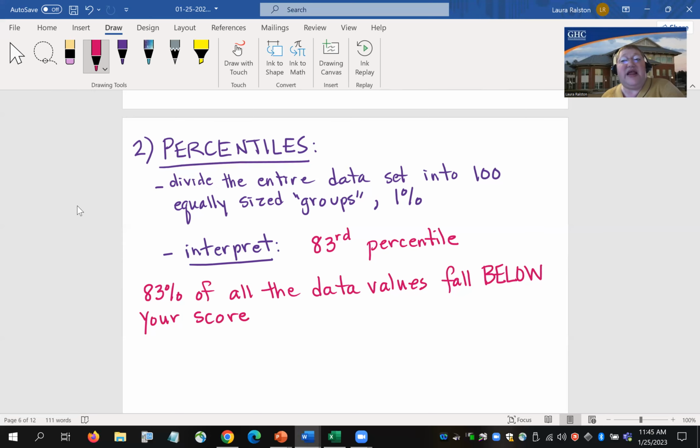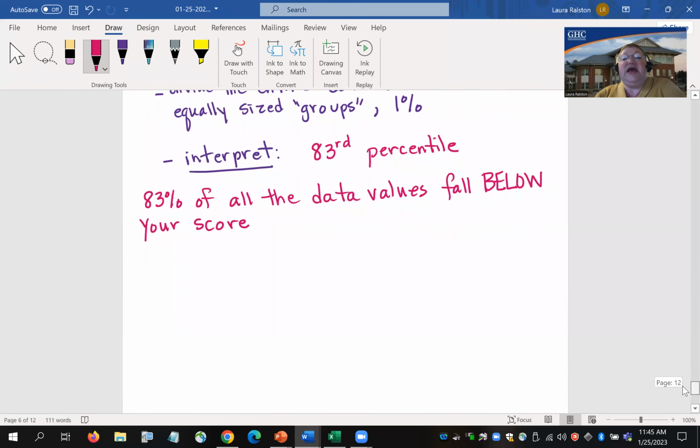It's important to realize when you are interpreting a percentile that you are always thinking about it in terms of the percentage below.